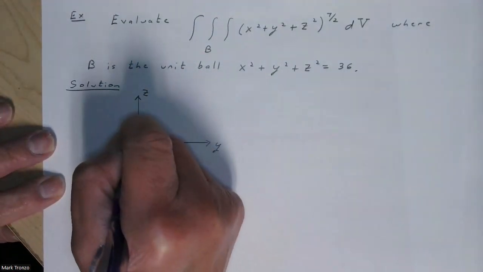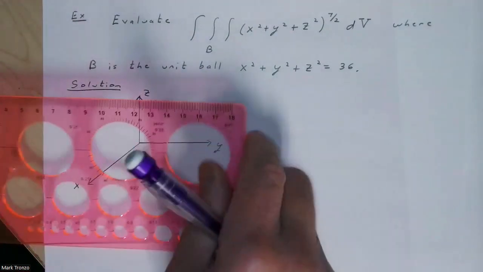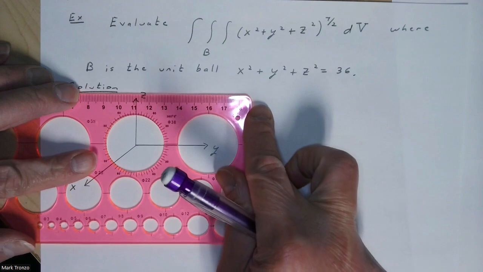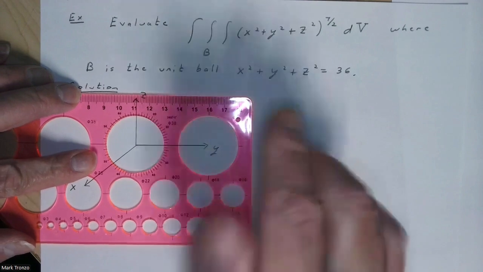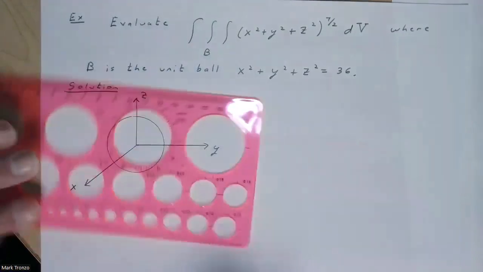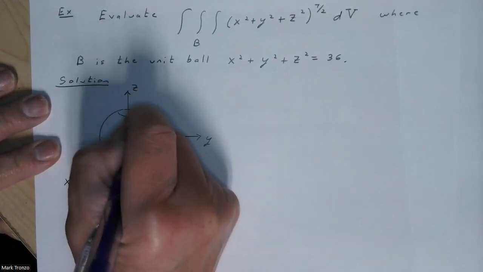So you can maybe sketch that in real lightly, or if you have a template, you can maybe do that a little bit neater. So we have this ball here.